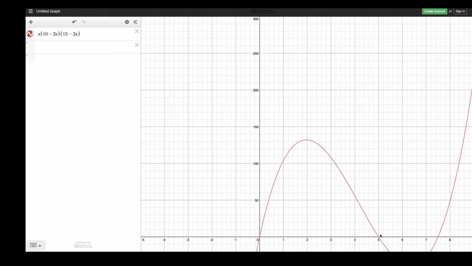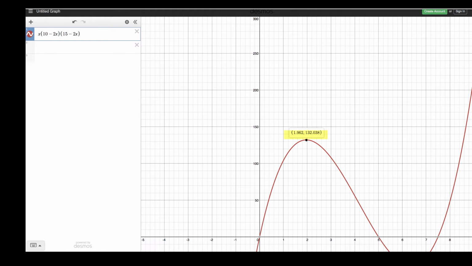But I extended my window a little bit just so that you can see what was going on. And we're looking to maximize the volume of this box. Okay, and it looks like that maximum is occurring when x is 1.962 and when the volume is 132.03. You can use your graphing calculator to verify that point as well.